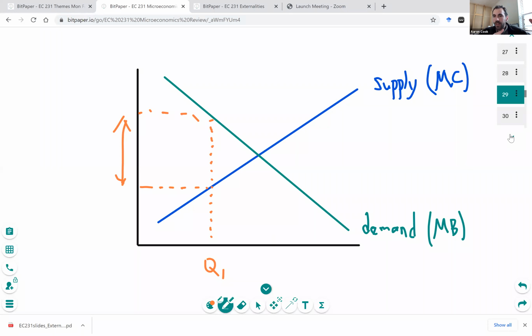That suggests that there's opportunities for beneficial trade. If we could increase quantity, we could get more benefit out of that quantity than what it cost us to produce that thing for. So that gap, at Q1, is equal to that vertical distance. If the quantity increases a little bit to say this level, there's still a gap between marginal benefit and marginal cost.